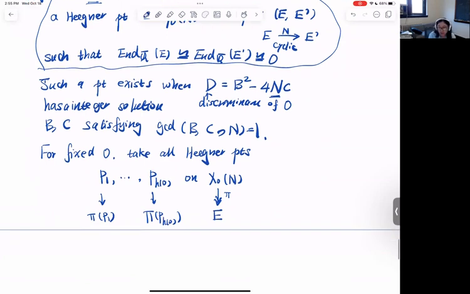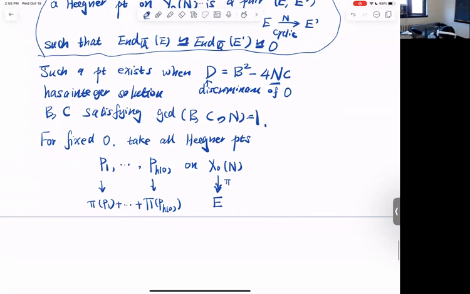And on the elliptic curve, because we have an addition law, we can add up these images. This will give you a point, often denoted as P_K. This is a point over K.